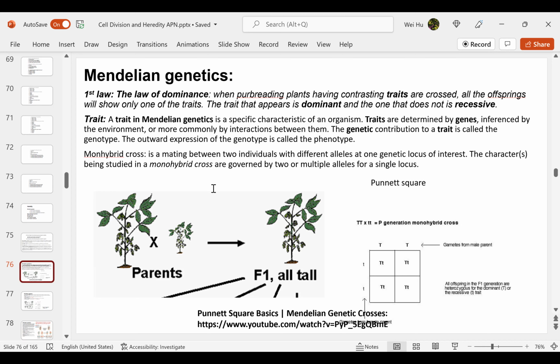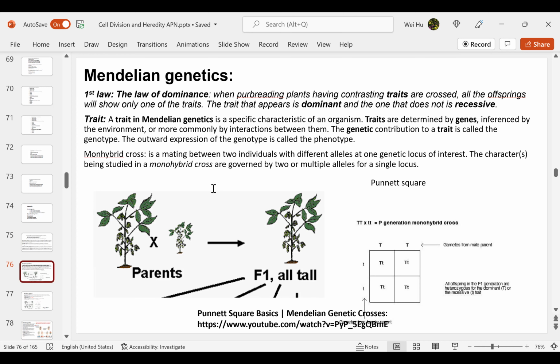If one of your parents gave you a recessive one, you will show either recessive or dominant, depending on the other one. If the other one is dominant, you follow the dominant and show dominant. If the other one is recessive, you show recessive. Okay, good. Now let's give you examples.